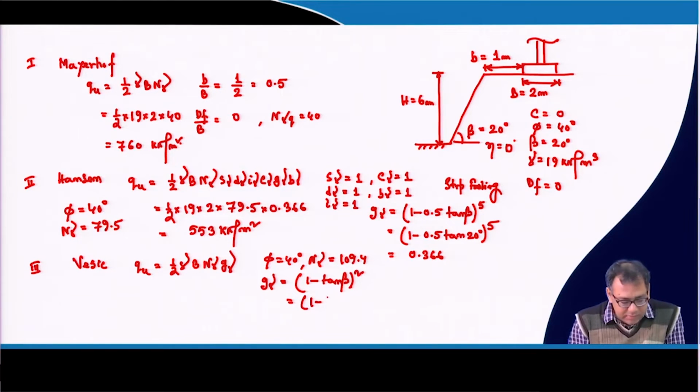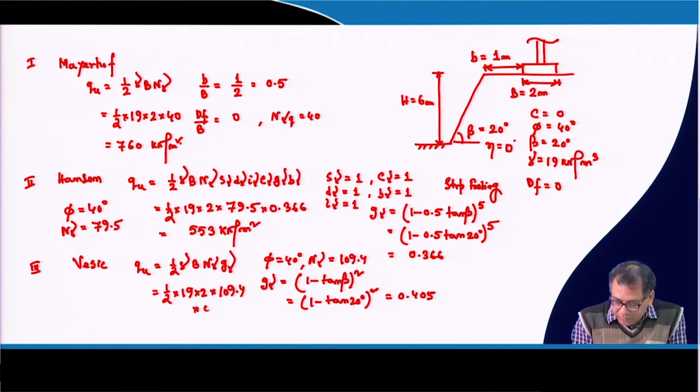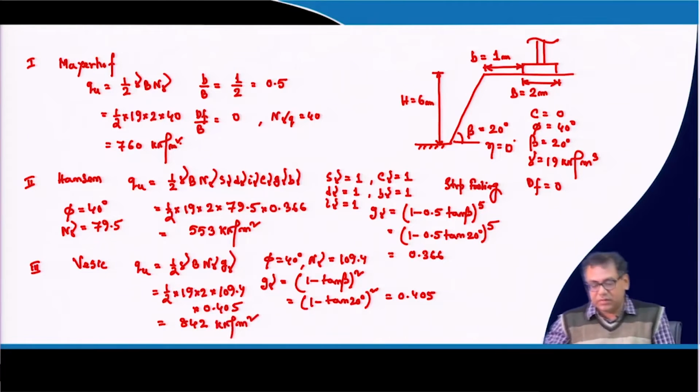So it is 1 minus tan 20 degrees to the power 2, which is 0.405. So this is half into 19 into 2 into 109.4 into 0.405. So this is 842 kilonewton per meter square. So this way you can calculate the bearing capacity by using different approaches: Meyerhof, Hansen, Vesic.